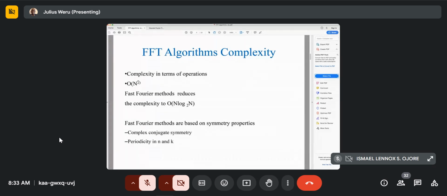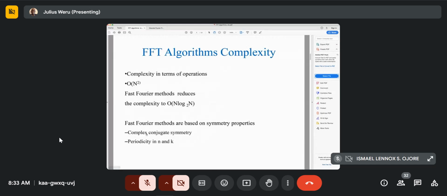So the complexity, obviously the highest, would be O of N squared. We just look at the multiplication, so we don't look at the addition. Addition is also N squared, but mainly it is the multiplication. And we are going to see that the fast Fourier transform, this DIT, reduces the complexity to the order of N log 2 N.